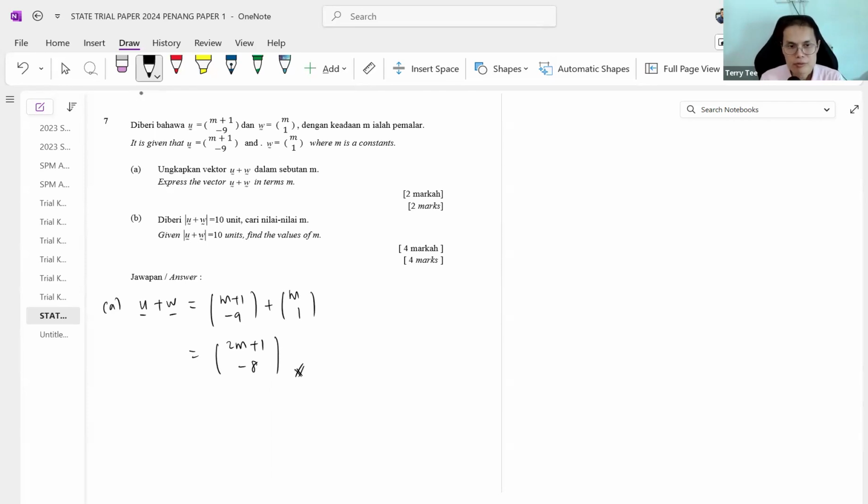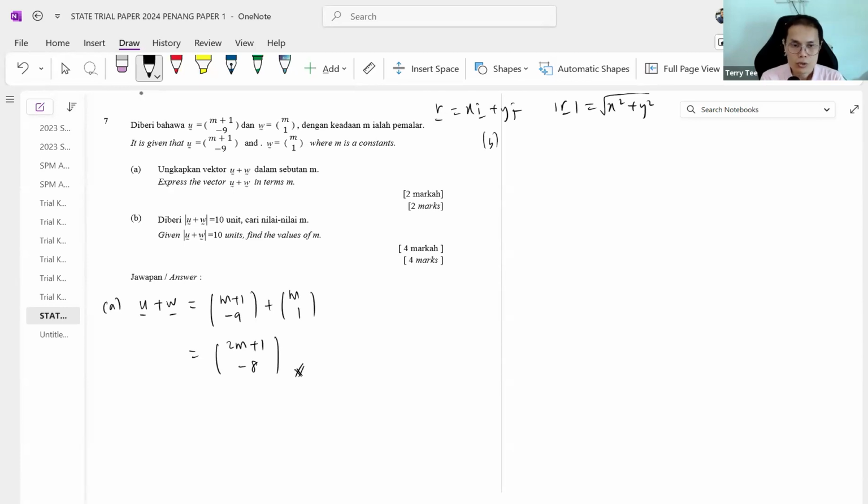Now, you're given that the magnitude of u plus w is 10. So you're supposed to find the values of m. Remember, if vector r is xi plus yj, the magnitude of r is the square root of x squared plus y squared.